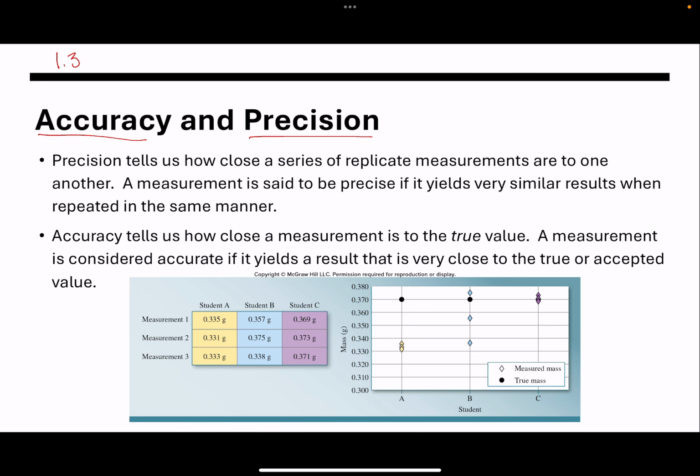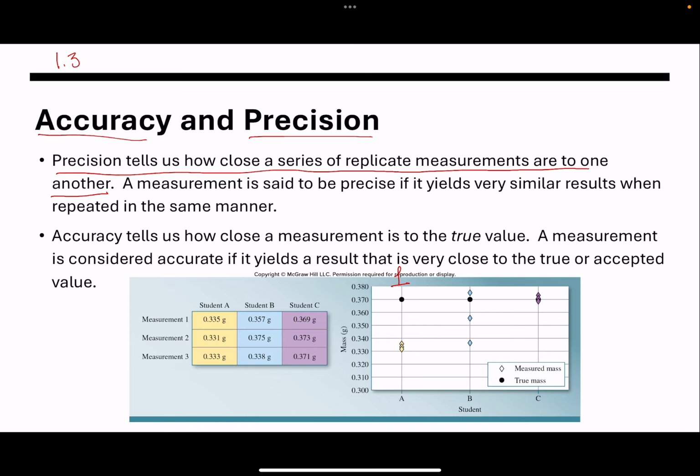So, precision tells us how close a series of replicate measurements are to one another. A measurement is said to be precise if it yields very similar results when repeated in the same manner. So let's look down here at these three pieces of data.